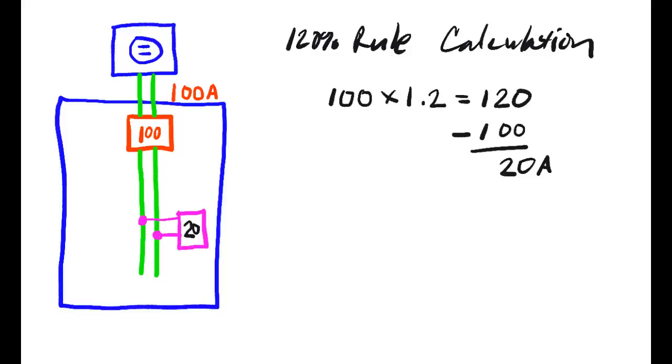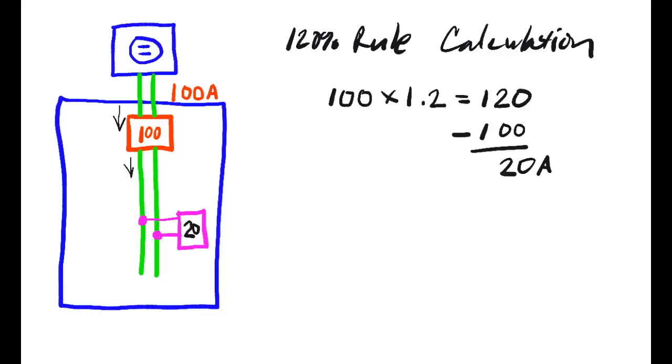So what does all this really mean? Well, what we're really talking about is a limit on the amount of power we're feeding onto these bus bars. So this 100 amp main disconnect is controlling how much power can come in from the service in this direction. Right? So that's controlling how much is flowing in this direction from the utility.